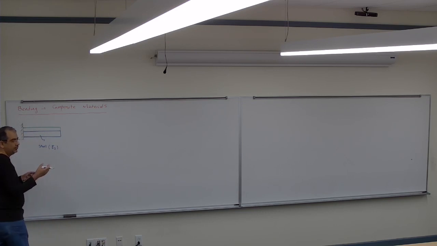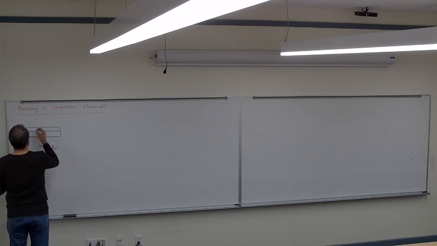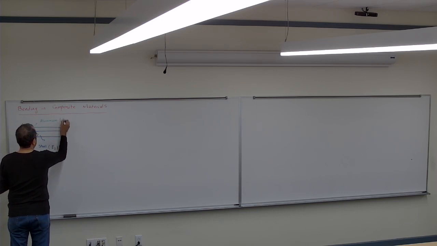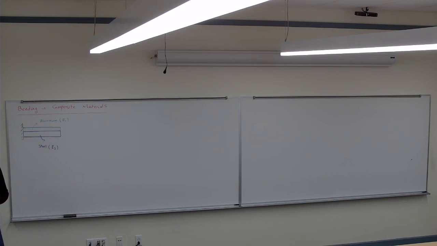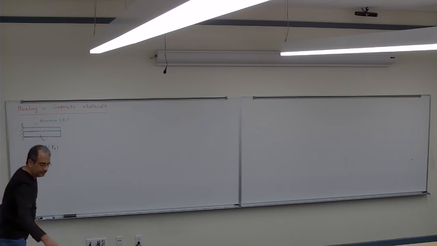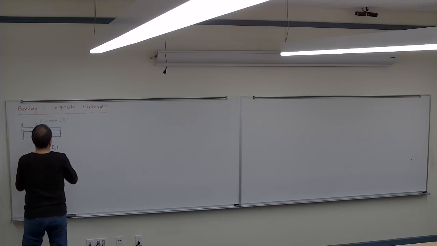I just call it E2 to make it general, but it's steel and it has a modulus of elasticity E2, and the top part is aluminum. It has a modulus of elasticity of E1. And then I will bend it like this.